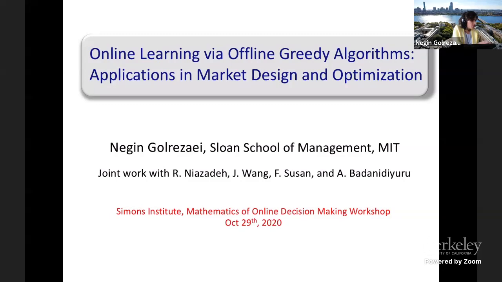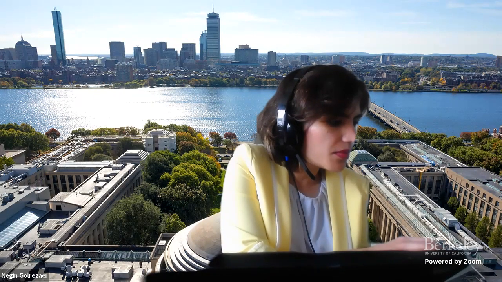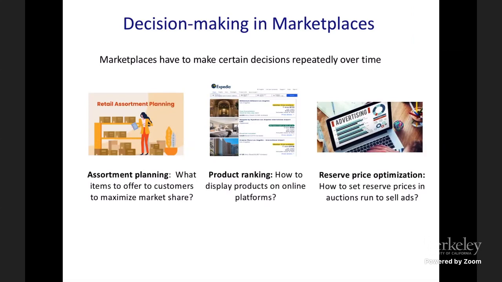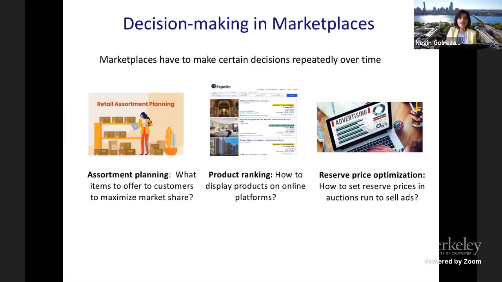So let me stop sharing and start sharing again because there might be some issue. Okay, so hopefully you can see it now. Can you? Yes. Perfect. Yeah.